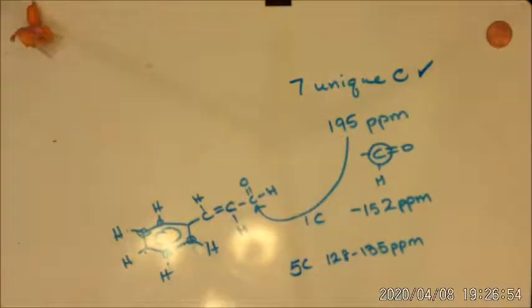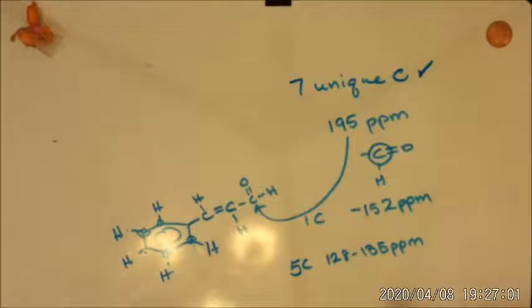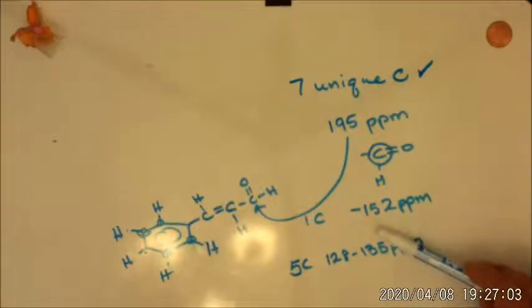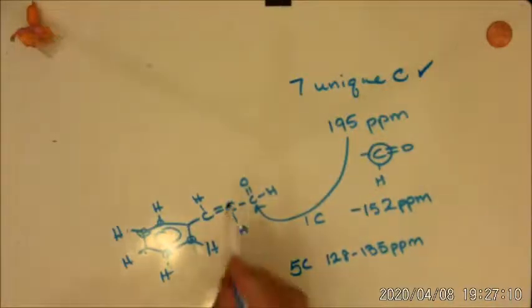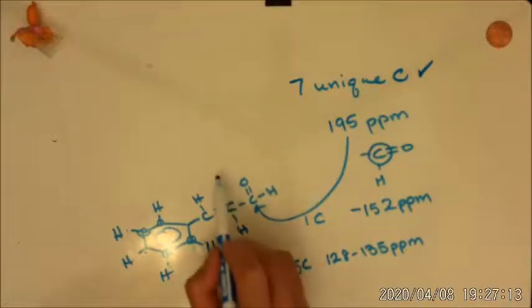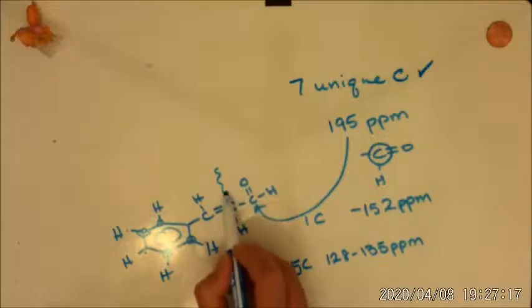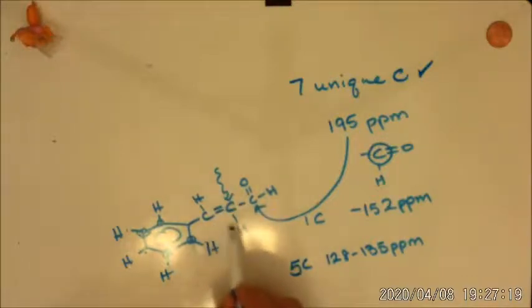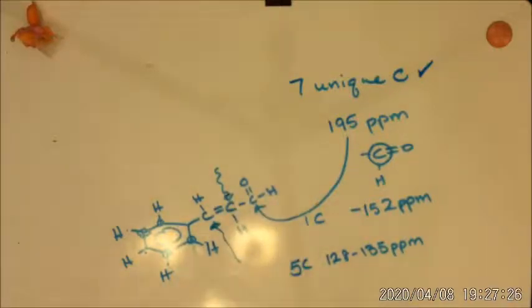So alkene carbons tend to be slightly more downfield than the aromatic carbons. This is most likely my alkene carbon. Okay, so you would probably have to just determine which is more electron withdrawing. And so basically we were saying it was hard to distinguish between this hydrogen and that hydrogen, so you would pick one of those for the 152.